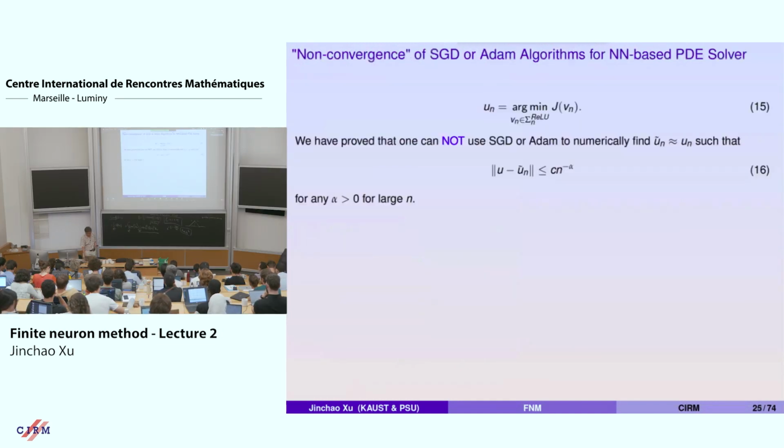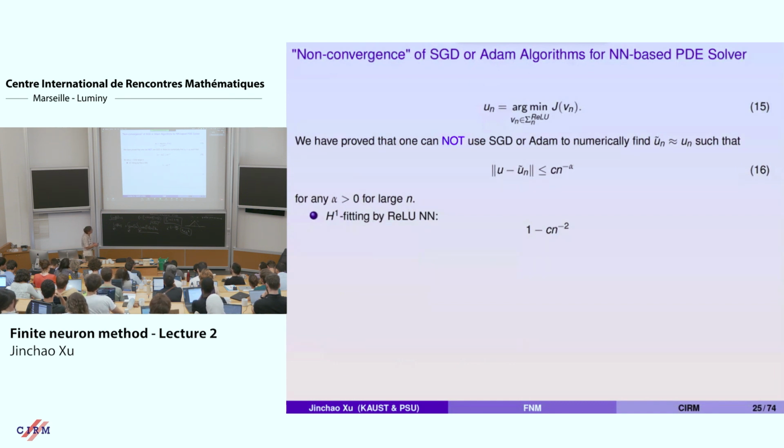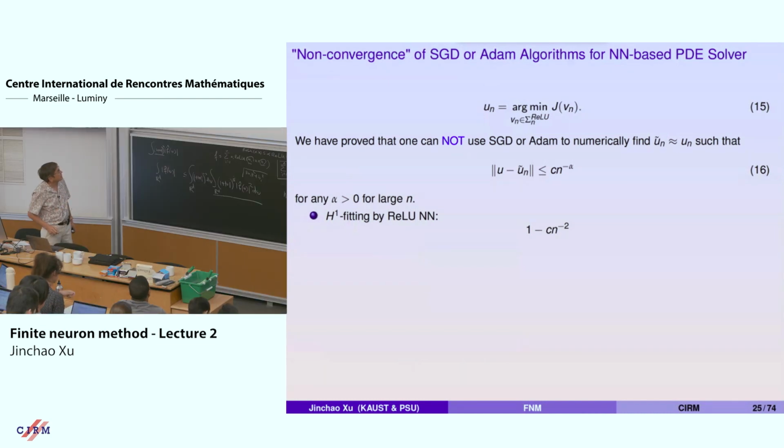Now, the question here is if you want to observe some rate of convergence, which I showed you. If you do the high frequency, the rate of convergence is 1 minus 2 to the n to the minus 2.